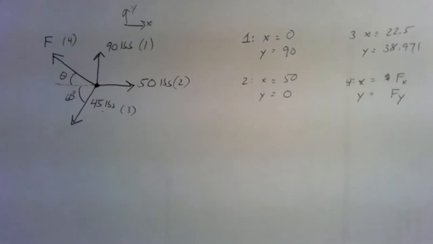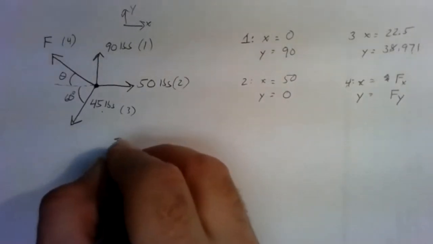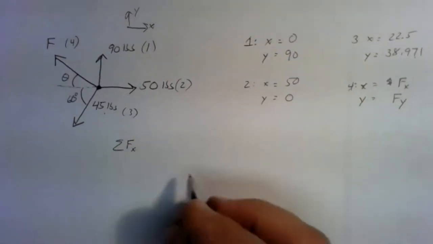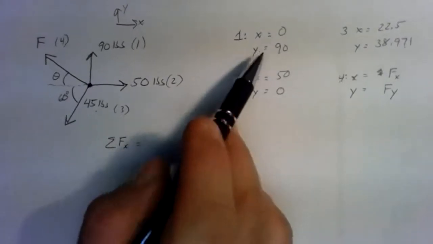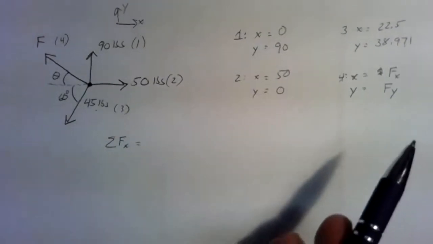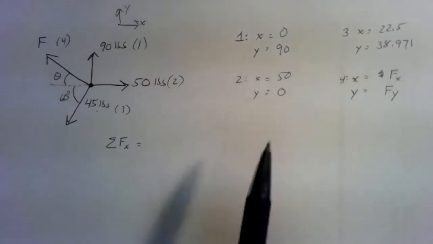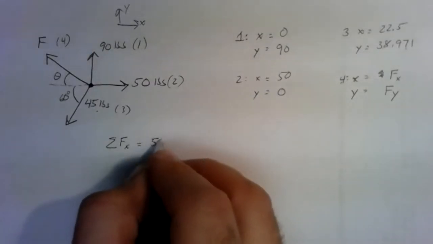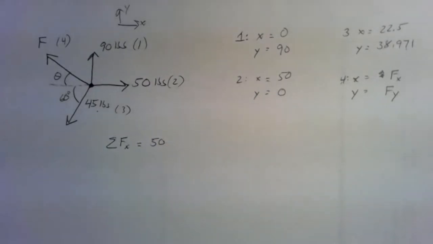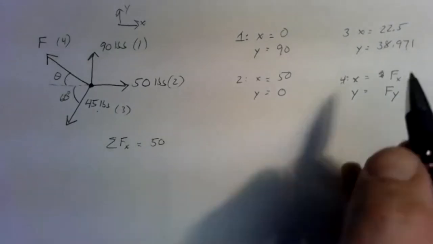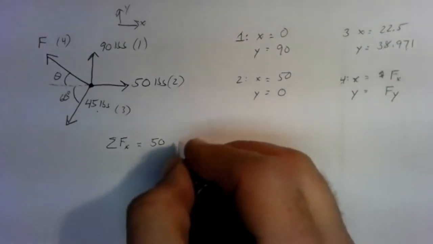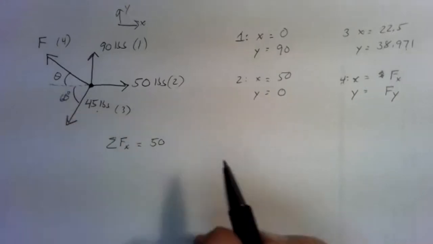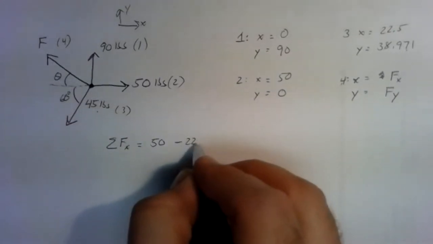Now we need to do our sums. So we'll take a sum of forces in the x direction. And going through our tally here, there's nothing in the x direction from vector 1. We've got 50 to the right for vector 2, so that is positive. For vector 3, we've got 22.5, but that's to the left, so minus 22.5.